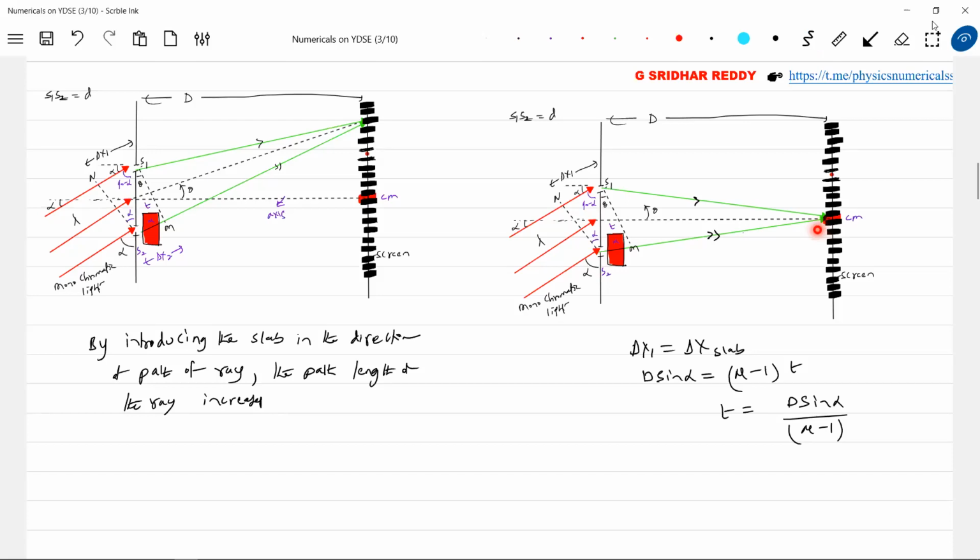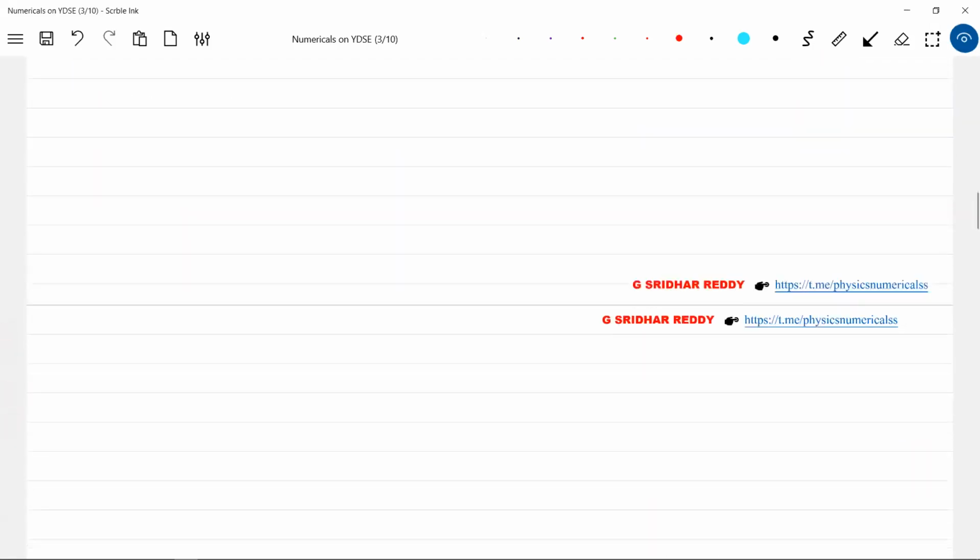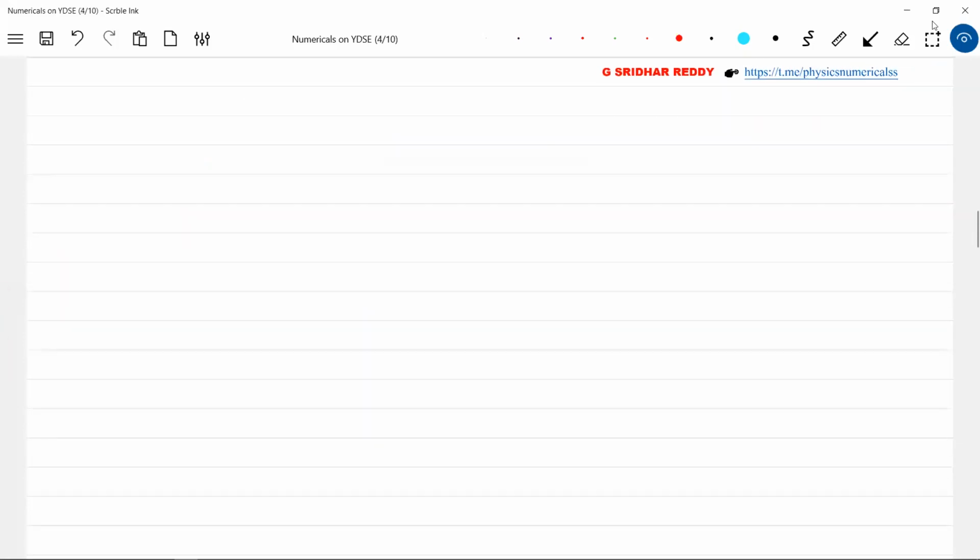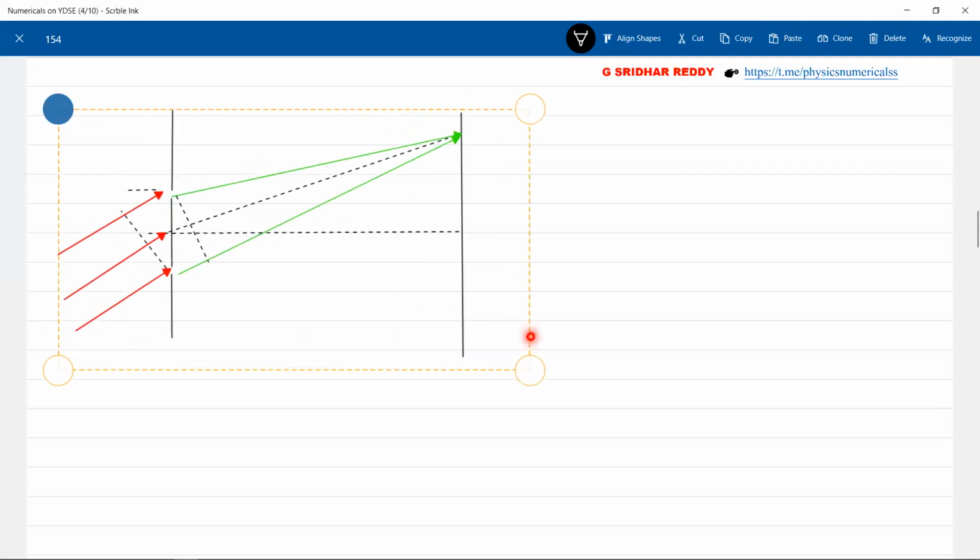Got the idea? These are some ways of analyzing a problem. Now, shall we go for another condition here? If the ray is incident in another direction, let me take the next condition. Yes, we have a diagram.